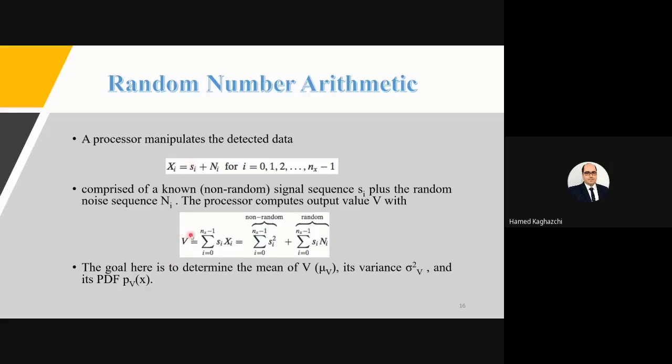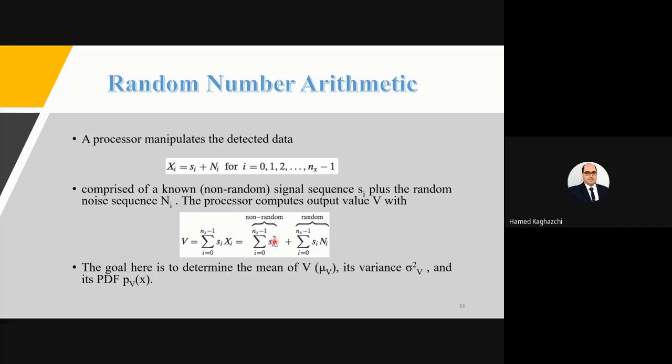So the output of the processor can be calculated using this formula: the summation of detected data times random variables. If I substitute Si plus Ni instead of Xi, I can find that the non-random section will be equal to the summation of Si squared.